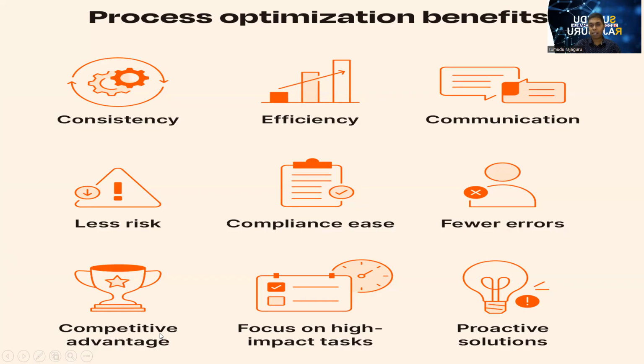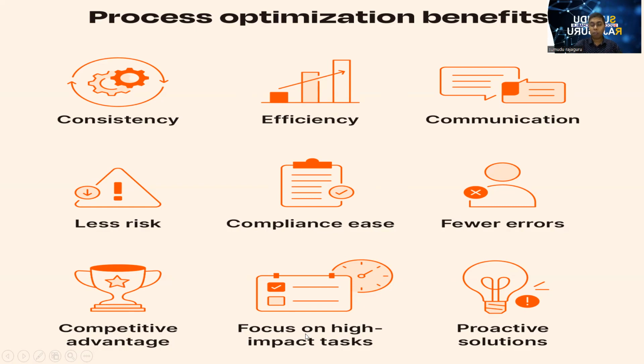Competitive advantage: as an example, now we are in a business, and in society there is huge competition to sustain in the market. So if you can do process optimization, you can compete. So you can take the competitive advantage. Then focus on high impact tasks.